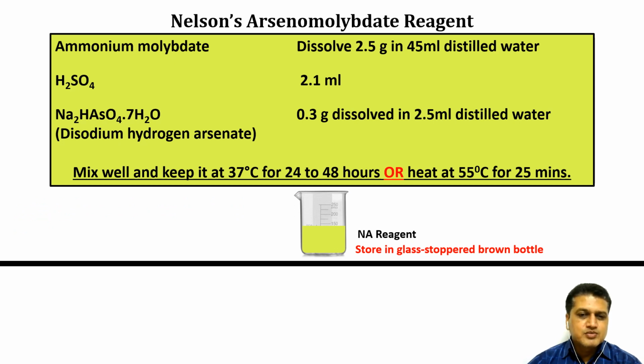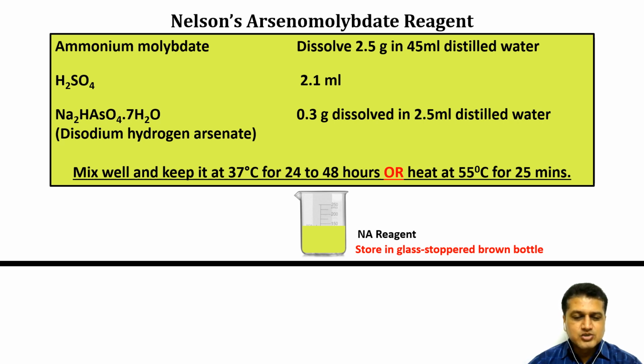Next, we have to prepare Nelson's arsenomolybdate reagent. For this, dissolve 2.5 gram ammonium molybdate in 45 ml distilled water. Add 2.1 ml sulfuric acid into this and mix well.